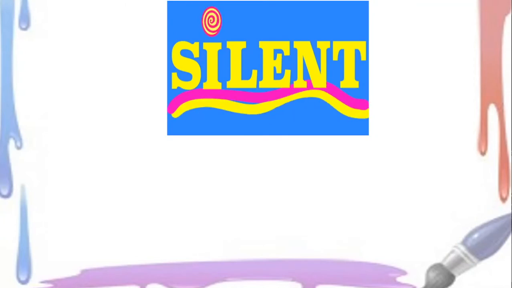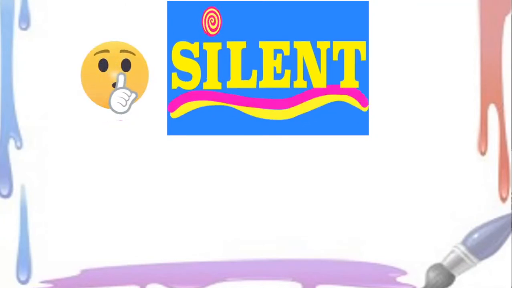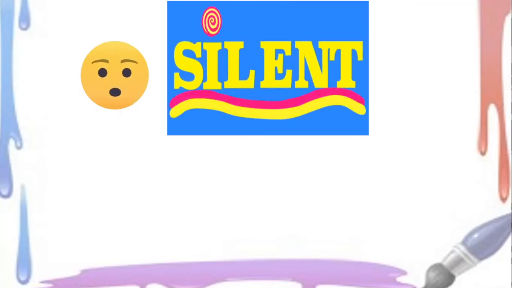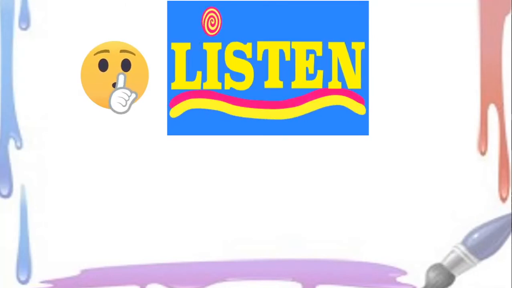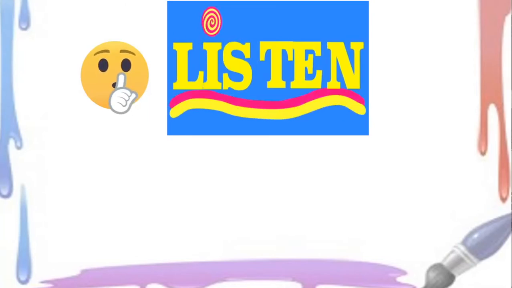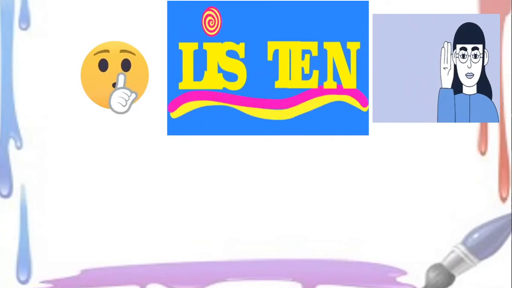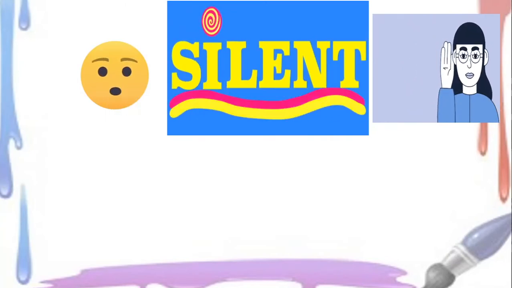Alright, so now what does silent mean? Silent means to keep quiet, to keep mum. Alright, not to say anything. Whereas listen here means to pay attention to what someone is saying.